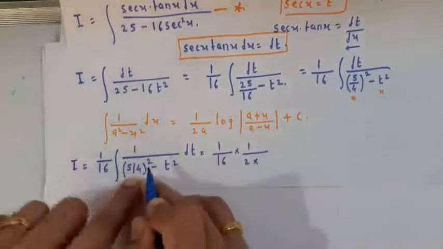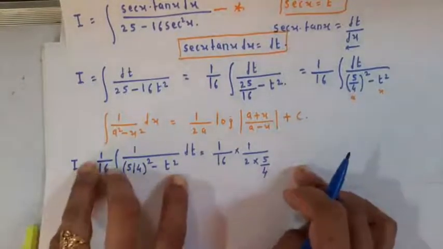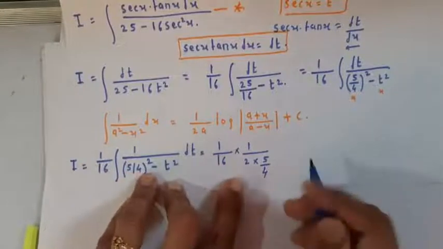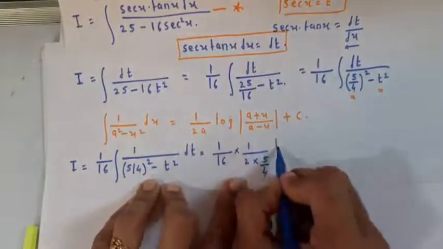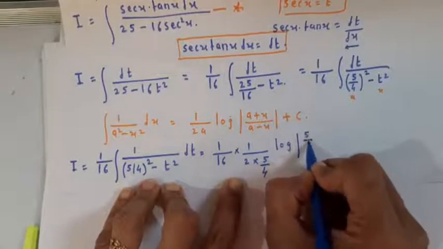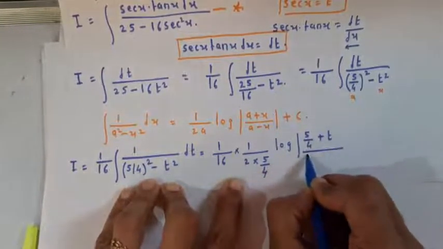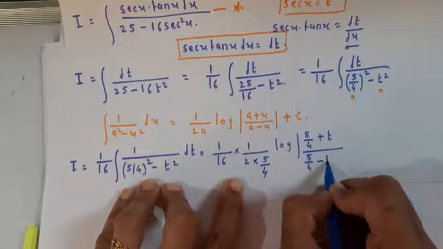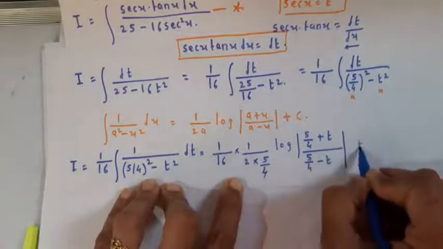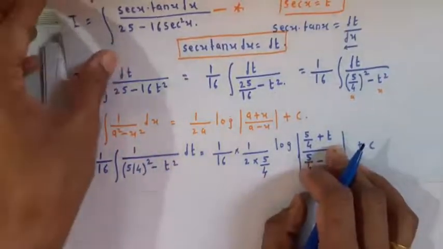What is the value of a? A is 5 by 4. Now this is equal to log of (a plus t) upon (a minus t), that is 5 by 4 plus t upon 5 by 4 minus t, plus constant of integration c.